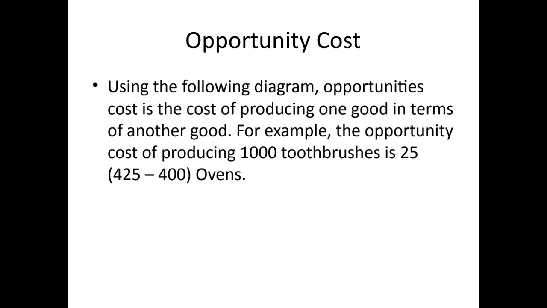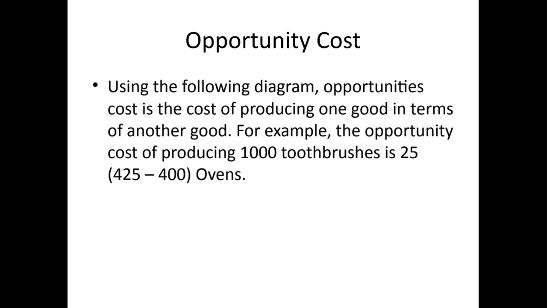Hello, in this short video, by using the production possibilities model, I am going to define the concept of opportunity cost and explain why the shape of the production possibilities curve or frontier is bowed outward.